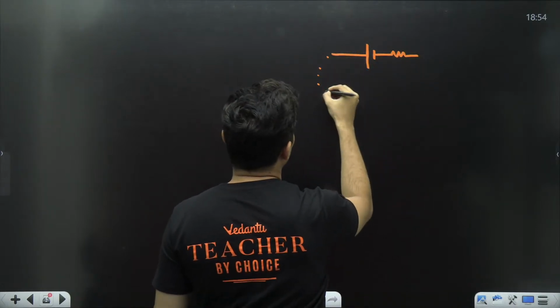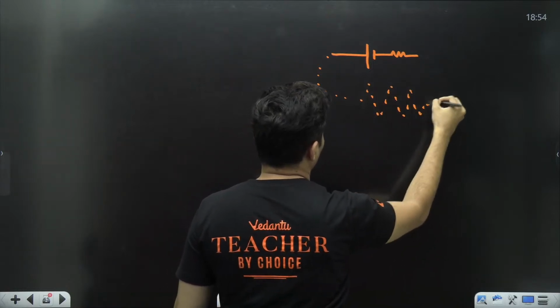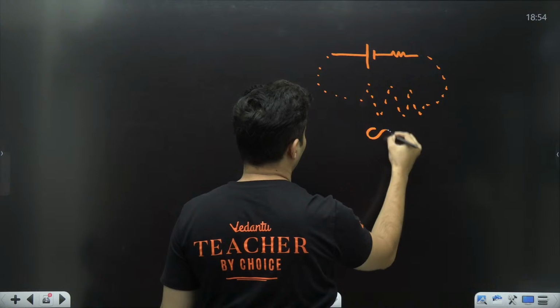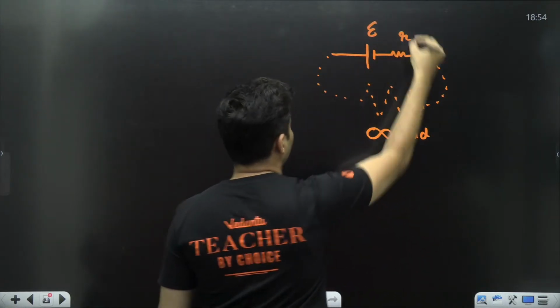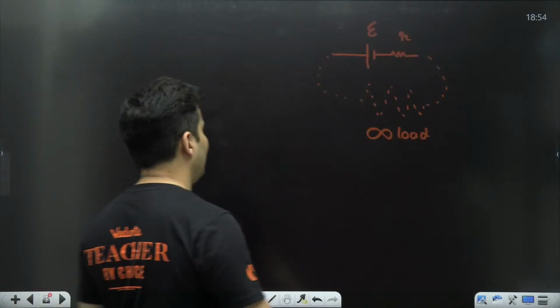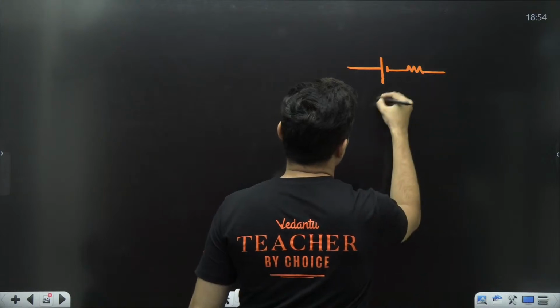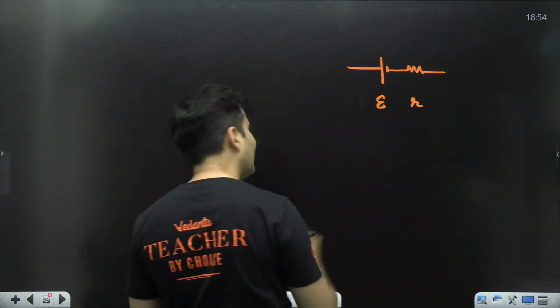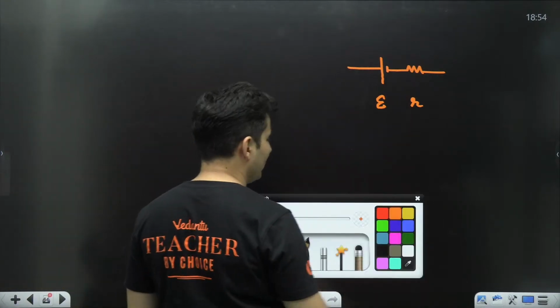The third one is where you are taking that battery with that internal resistance and there is nothing connecting it, or you can think there is a load, but that is an infinite load. This is the third possibility. And the last possibility is you take the battery, but this time you are not connecting it to a load; rather, you are supplying it some current from the opposite way.